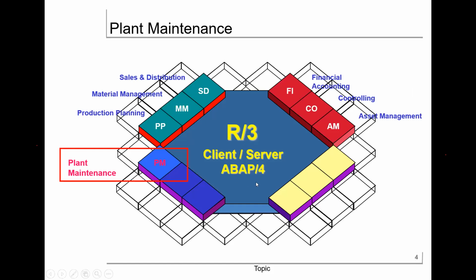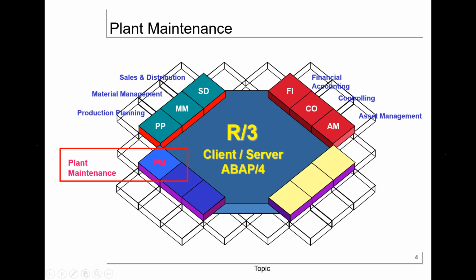Here you can see SAP is an integrated platform. SAP is divided into two segments: one is technical, the other one is functional. Technical includes programming, code change, code development, etc. And functional includes non-programming.